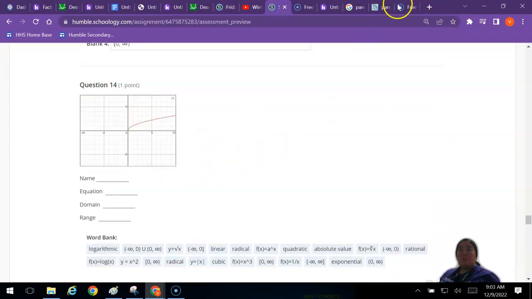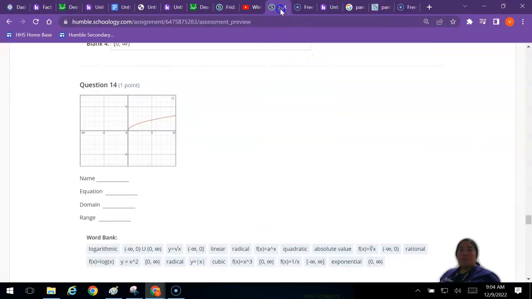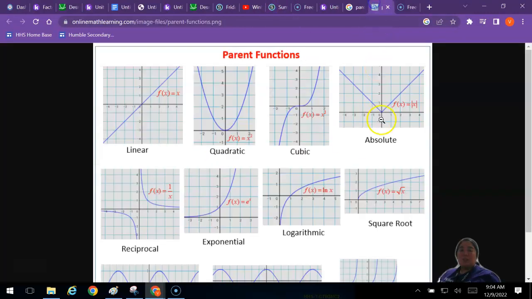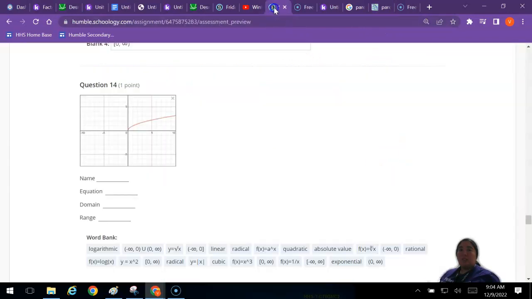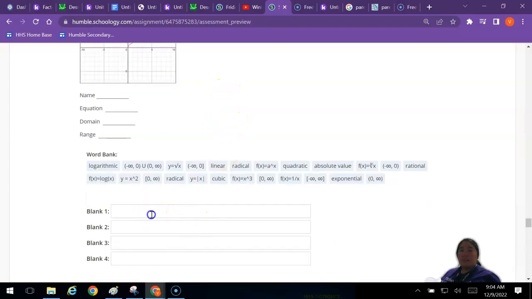This one. Name, equation. Well, that one looks like this one. Look at this. What is it called? Square root. And what do you think you should see in the equation? A square root, right? So that one is square root, but you don't see the word square root, it's radical.